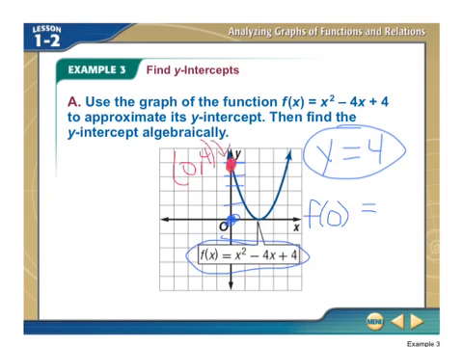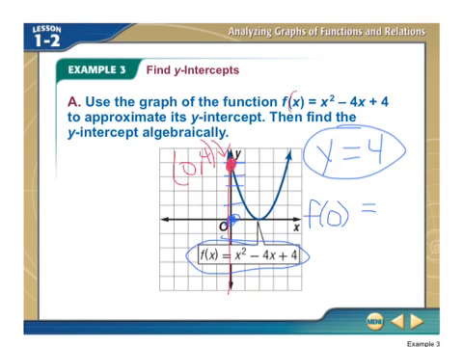And since x is 0 for any point on the y-axis, I will find the y value that is paired with an x value of 0 when I want to find my y-intercept algebraically.